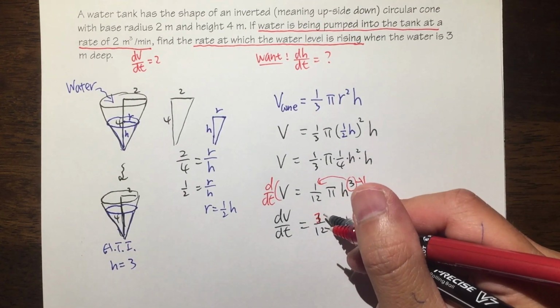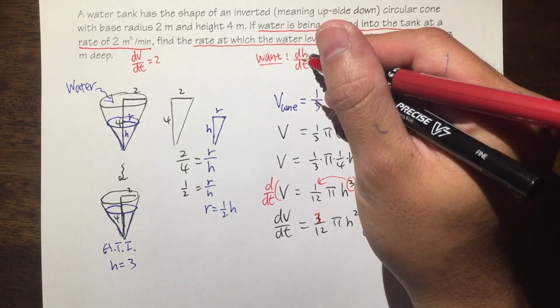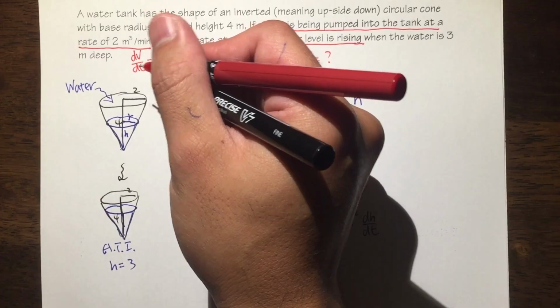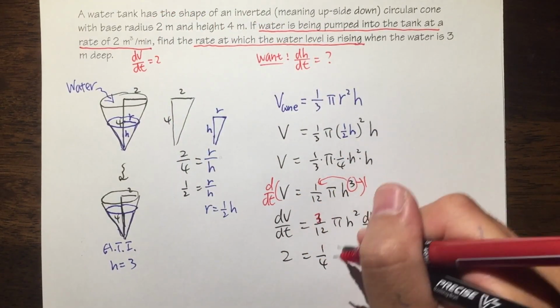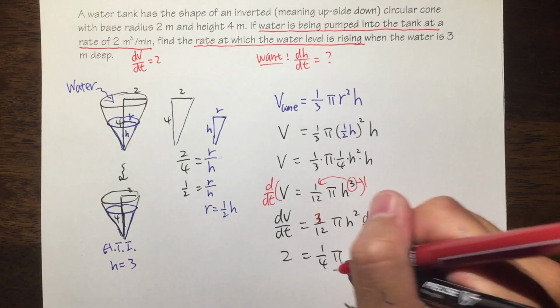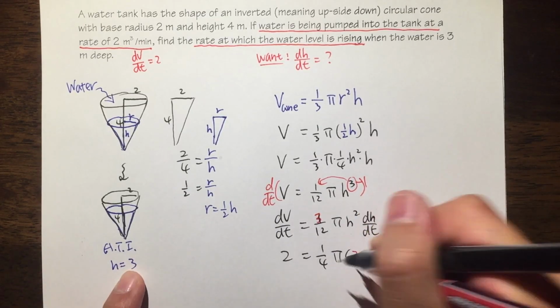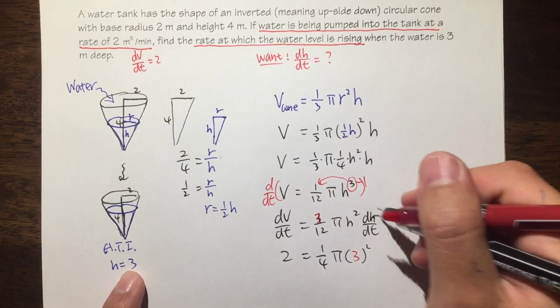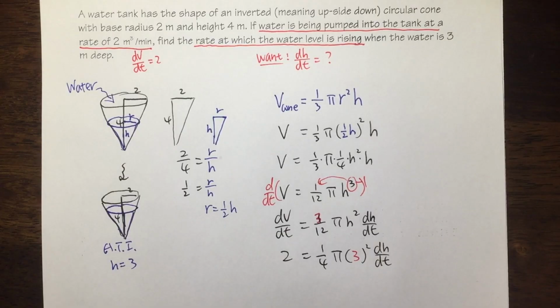Alright, so this is of course 1/4, and I need to find out what dH/dt is. We know dV/dt is 2, so I'll put down 2. This is just 1/4, and then pi is pi. H is 3, so let's put that down, and square that, and then dH/dt, we don't know.